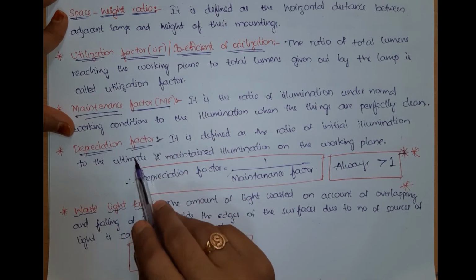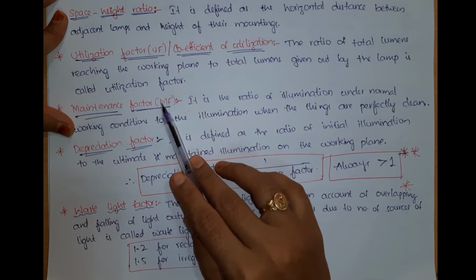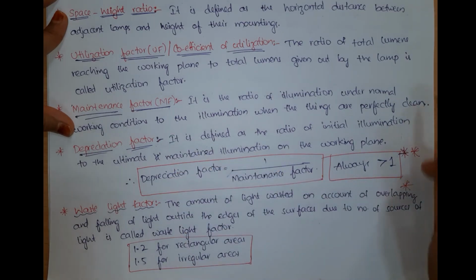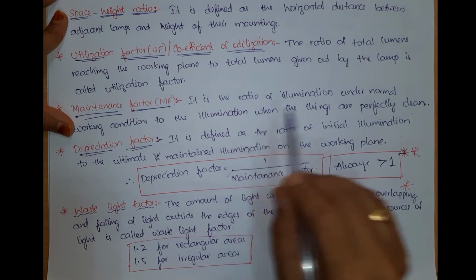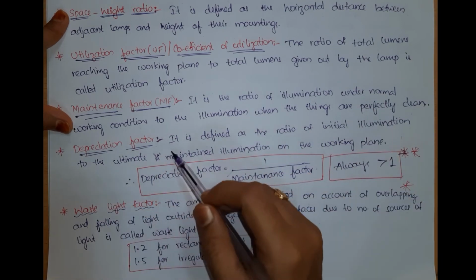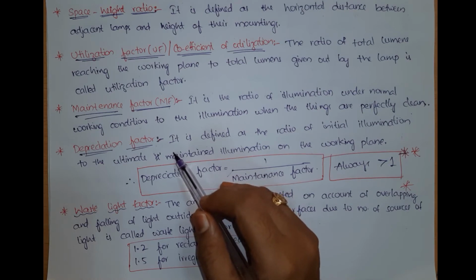Then coming to depreciation factor, it is nothing but the inverse of this maintenance factor. Under perfectly clean conditions, illumination will automatically be high. But under normal working conditions, there may be dust or smoke in some factories which absorb some amount of light.